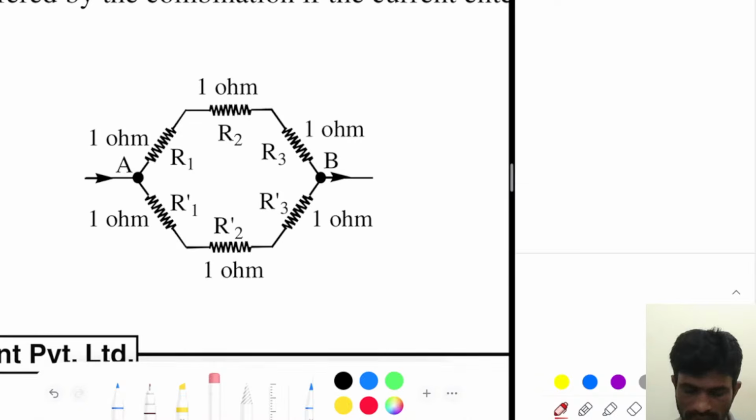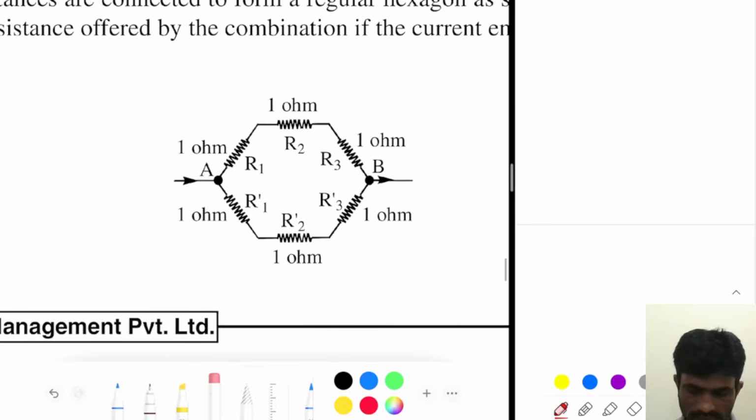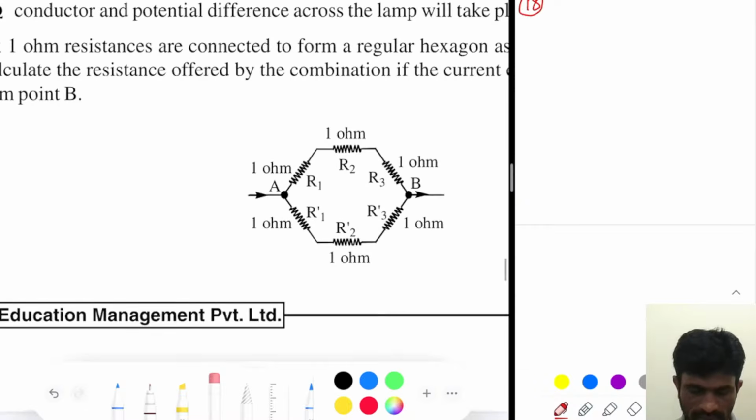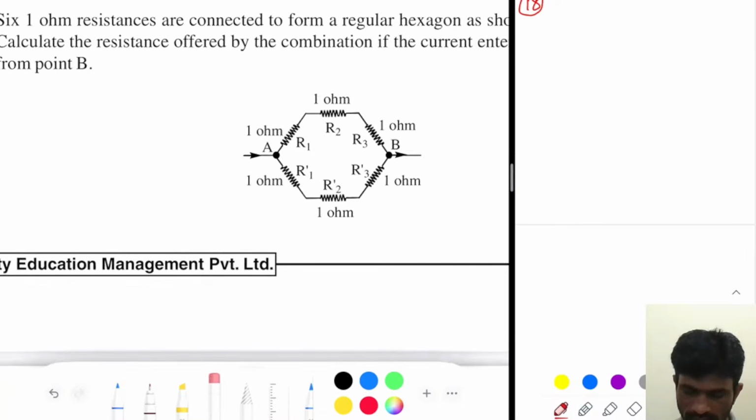R1, R2, R3 are in series. If you see here, R1, R2, R3 are in series. So R is equal to R1 plus R2 plus R3.